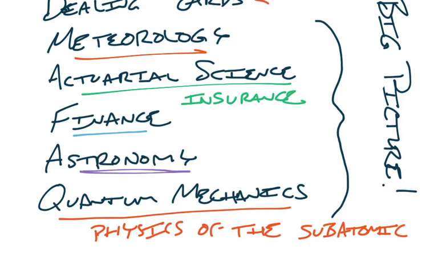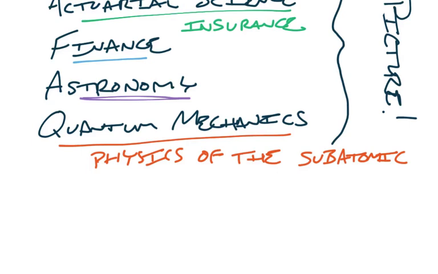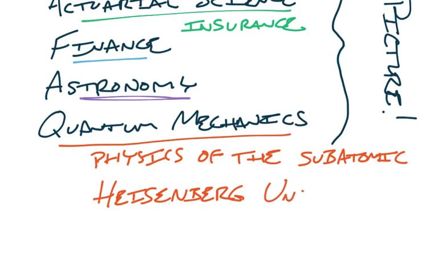Turns out to be an incredibly non-trivial thing, and one of the biggest breakthroughs in the history of humanity was something known as the Heisenberg uncertainty principle. We will not go into any details about this at all, but I wanted to mention it.